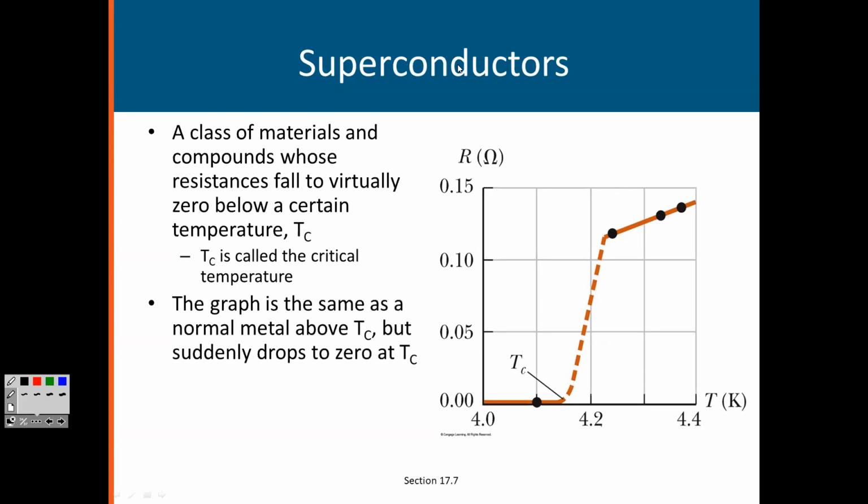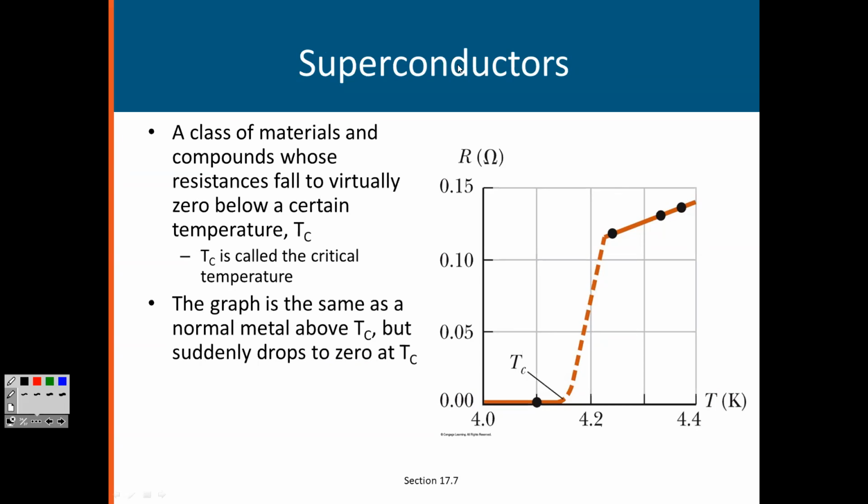You cannot even reach 0 Kelvin, but 4 Kelvin probably in the lab you can. So when the temperature is brought to 4 Kelvin, some elements, like mercury, a metal, still have resistance, but when it is below 4 Kelvin, it all of a sudden becomes zero resistance. So we call it superconductors, okay?